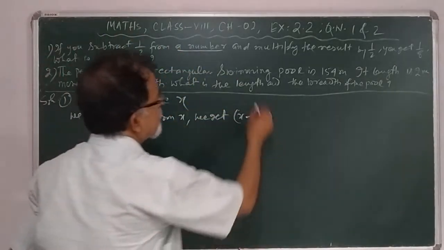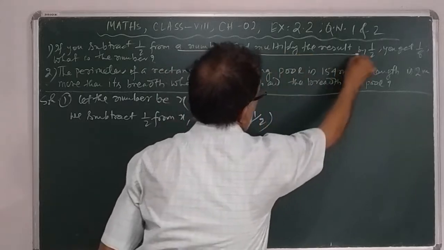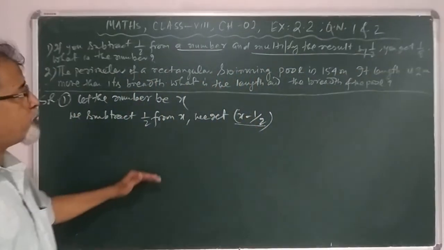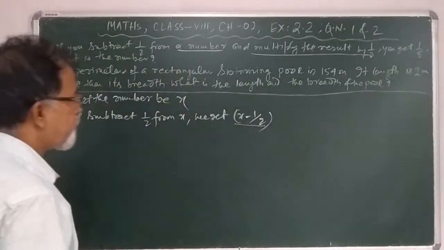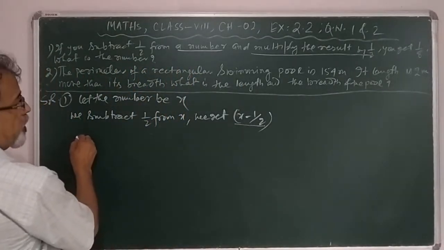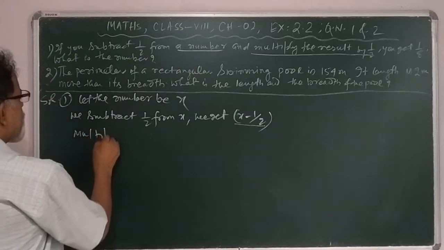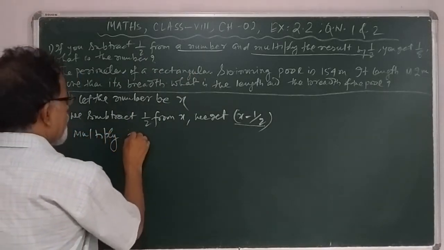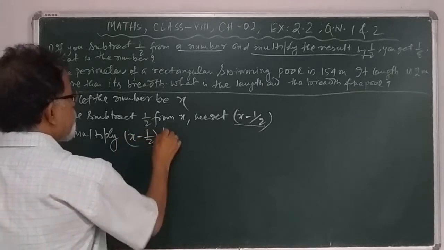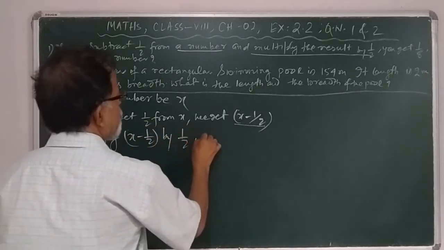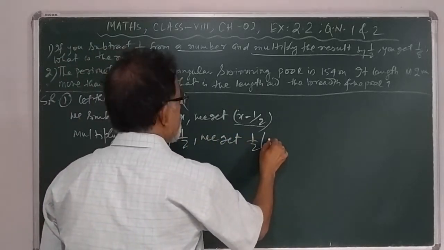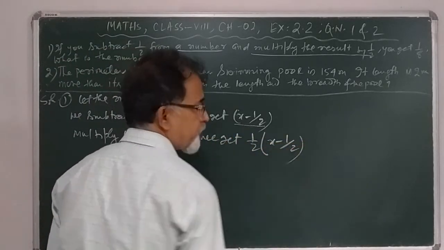Now, I am going to read another part. Multiply the result by 1 by 2. This is the result what I have obtained from the first part of the question. Multiply X minus 1 by 2 by 1 by 2, we get 1 by 2 into x minus 1 by 2.